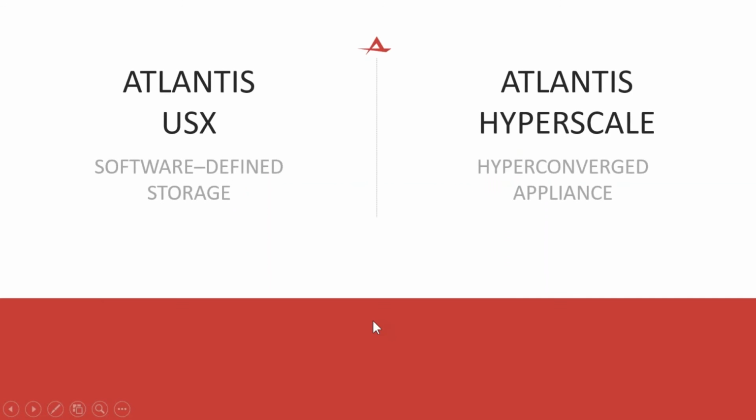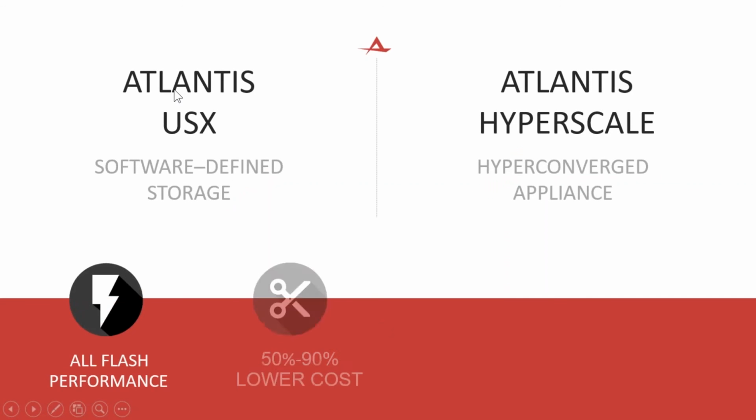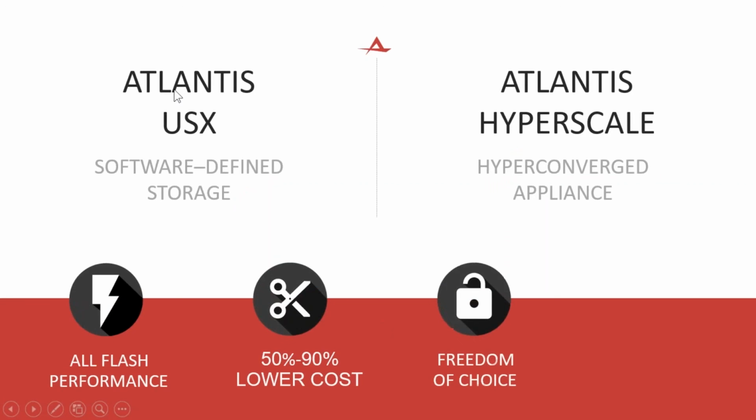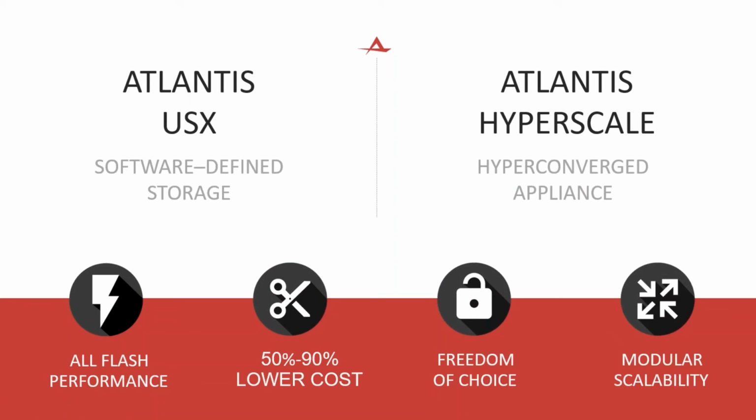So we do this with the two products that we have, Atlantis USX and Atlantis Hyperscale. I've defined some of that. If you want to read more, have a look at our website. We've got lots of information, lots of white papers and so on. And by all means, reach out to myself and Jim.